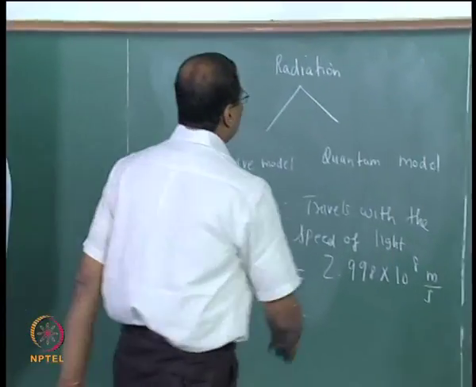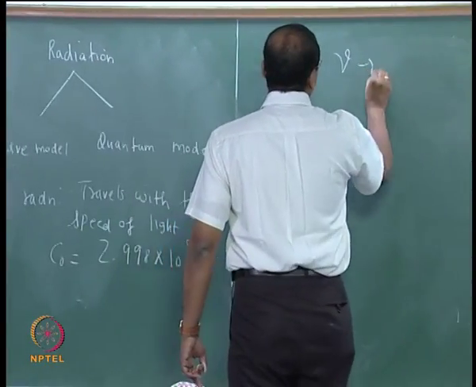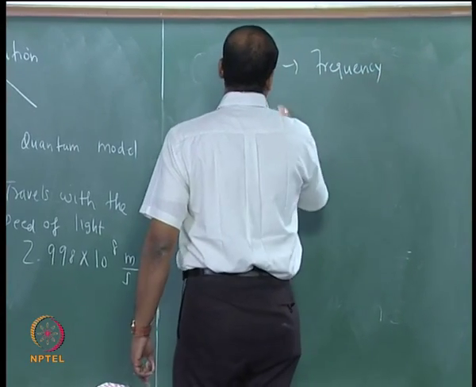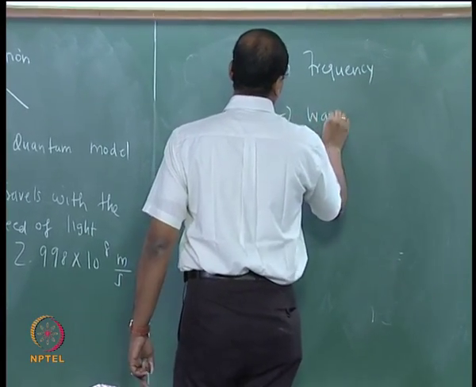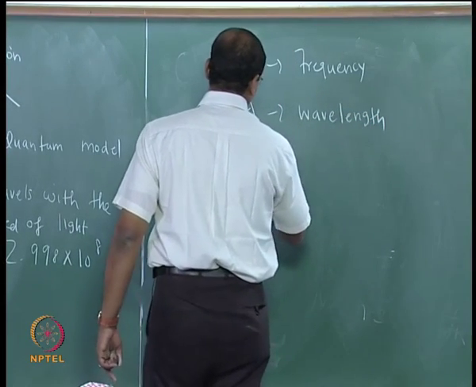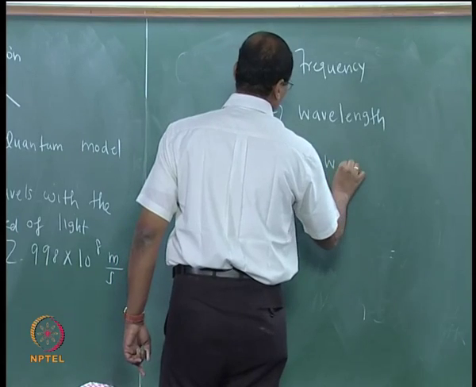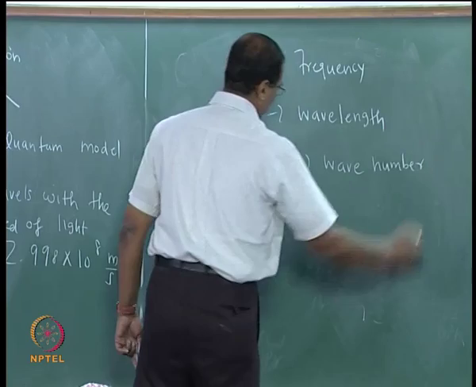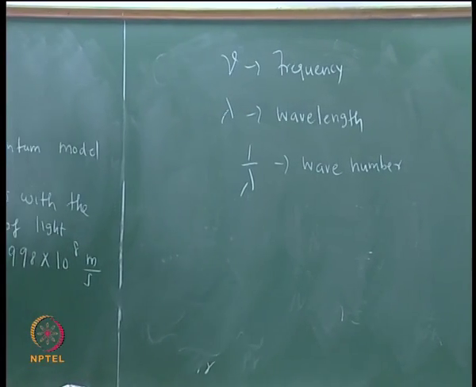Now you can characterize nu, frequency, correct, 1 by lambda, wave number.